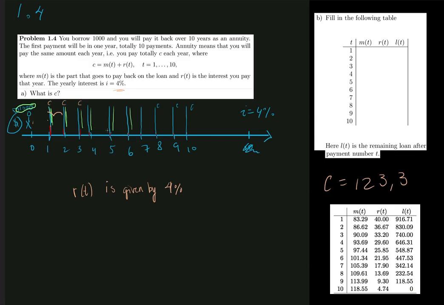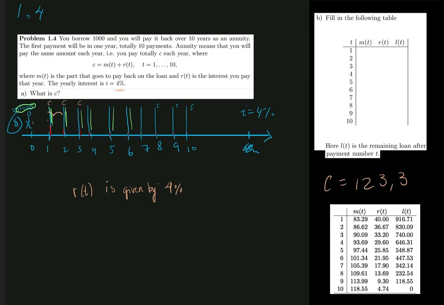So for example, if we're looking at R of 5, then that means that the interest that we pay should be given on the amount that we've had at our disposal during this part of our timeline.